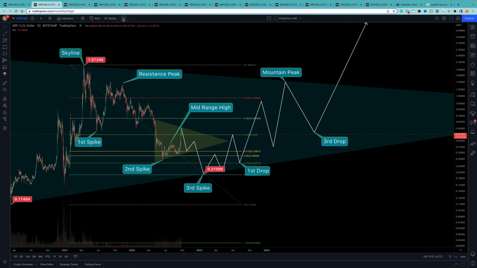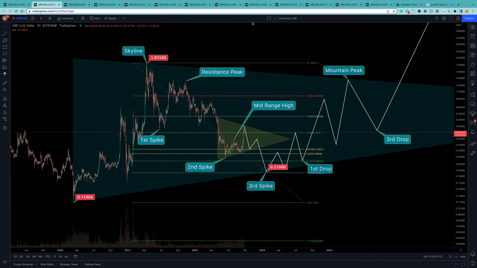So that's that there. If it's not what I'm saying here, well then this still has to be first spike and resistance peak, because we're looking at this big arc here. So if this is resistance peak and this is the drop, this can't be mid-range high while first drop is below mid-range high.